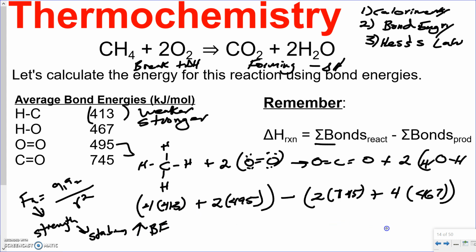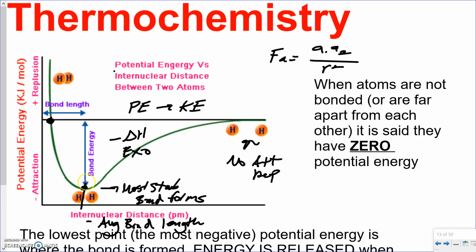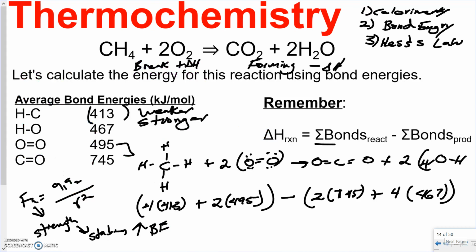So think back to this guy right here. The stronger the bond, the deeper this curve is going to be, therefore the bigger the difference between this 0 and this bottom point here, which is our bond energy. We basically take the absolute value of this difference, and that's our bond energy. That's how we get bond energy.